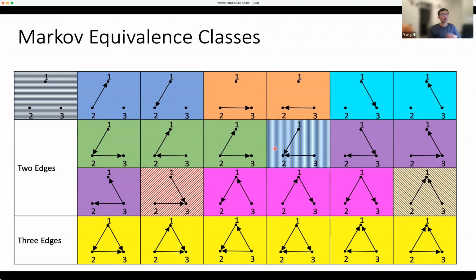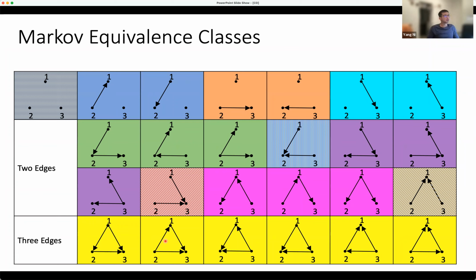For example, in our example on the last slide, the equivalent class this graph belongs to is a singleton equivalent class. Therefore, with just conditional dependence-independence relationships, you can uniquely identify the true causal graph given a large enough sample size and with those causal assumptions. But in general, especially for a large network with multiple nodes, equivalent classes tend to be very, very large.